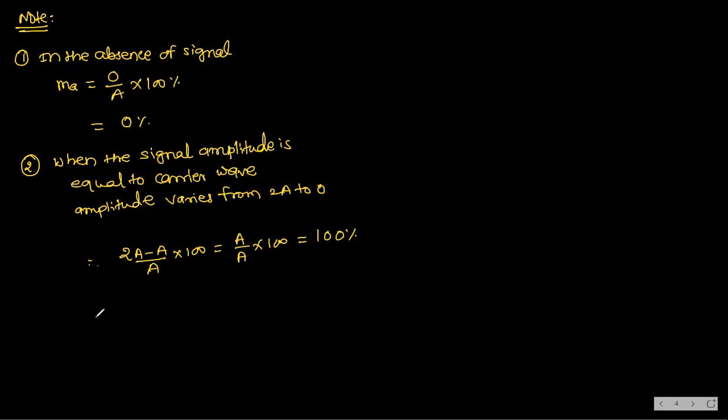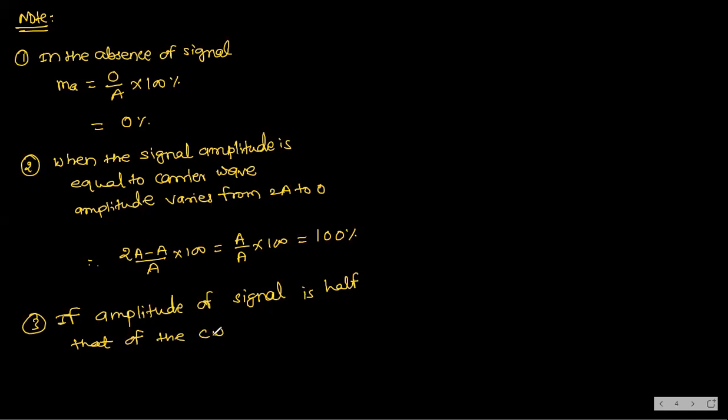Next, third one, if the amplitude of the signal is half that of the carrier wave, then A plus A by 2, how much will we get? 1.5A.